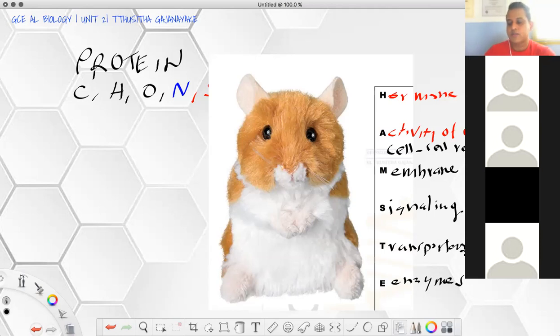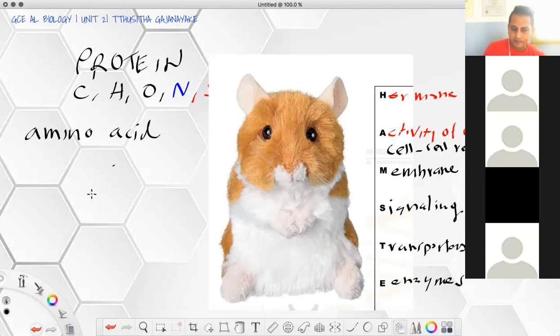This is one example of transporting. We will learn about the cell membrane and see its role there. Right, next we're going to learn the monomer of the proteins. The monomer of the protein is called amino acid.